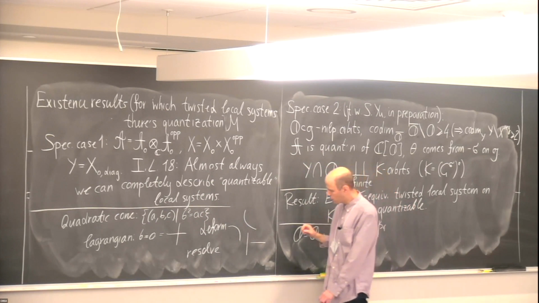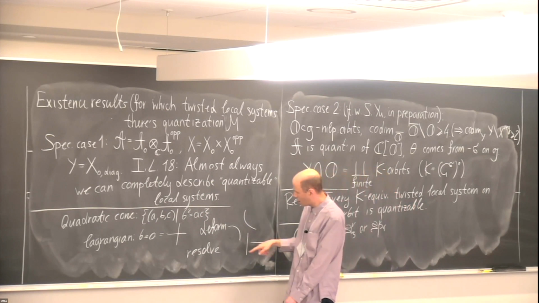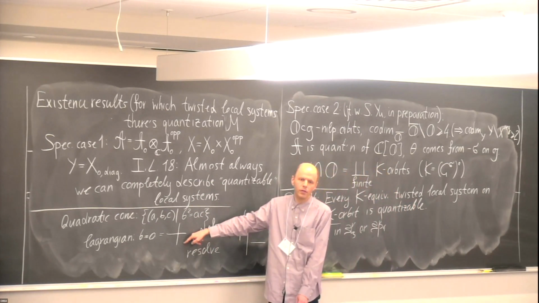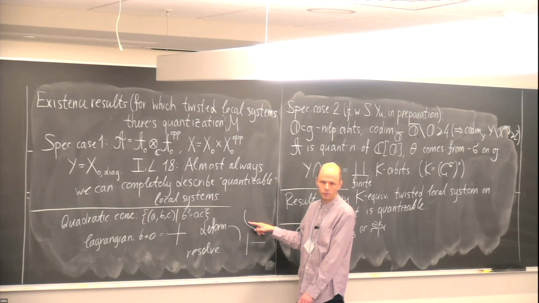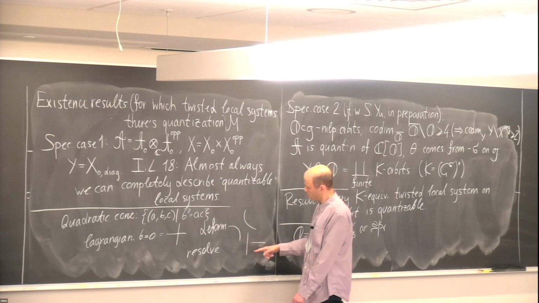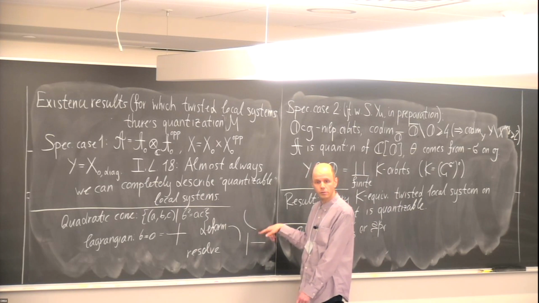Now, things that you could do, well, we are not good at quantizing this kind of Lagrangian because the dimension of the boundary is 1. We are fairly good with quantizing this kind of Lagrangian, which is smooth. Then you can quantize them separately, and you can take global sections. That's a very clean procedure.